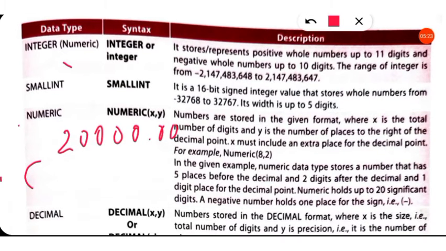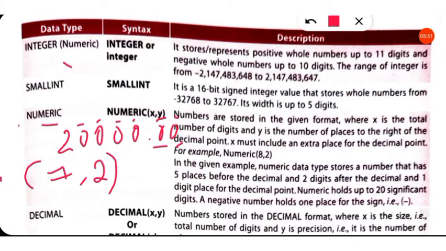So total 7 digits: 1 2 3 4 5 6 7. So I will specify 7 comma how many digits should be after the decimal point. After the decimal point there are 2 digits. So I will specify like this.